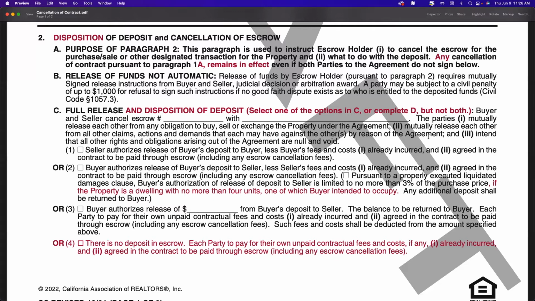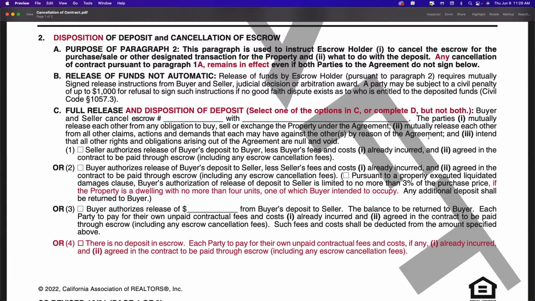Okay? Number 2, buyer authorizes release of buyer's deposit to seller, less seller's fees and costs already incurred and agreed in the contract to be paid through escrow, including any escrow cancellation fees. Or this little box here that you have in parentheses, pursuant to a properly executed liquidated damages clause, buyer's authorization to release of deposit to seller is limited to no more than 3% of the purchase price.